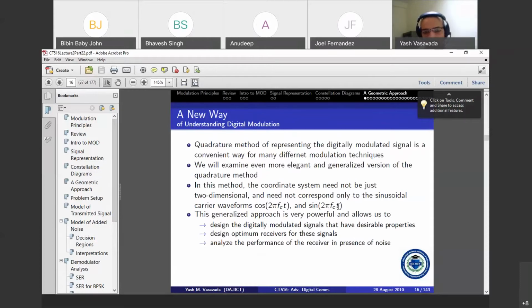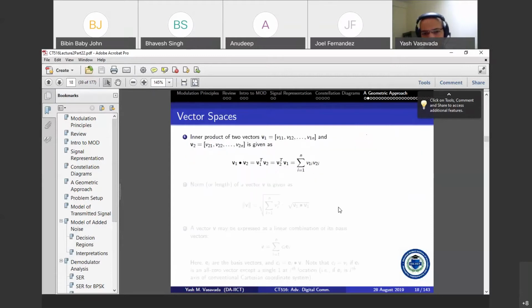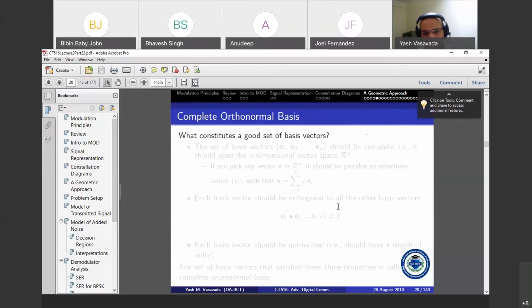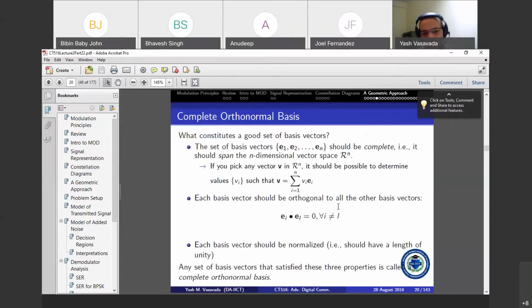And essentially, we started looking at a particular modulated symbol as a vector in a vector space. And we looked at several properties of vector spaces. Then we looked at the orthonormal basis of this vector space.